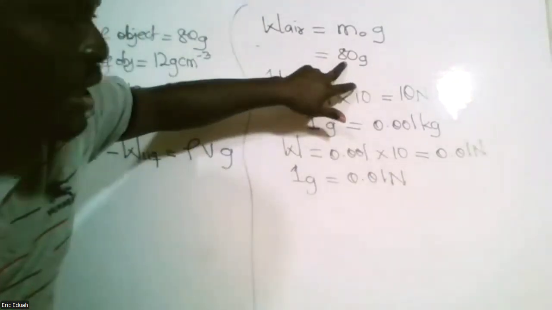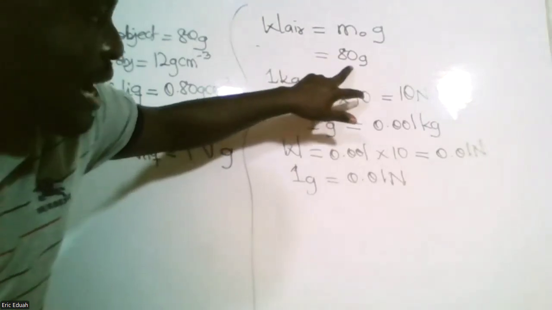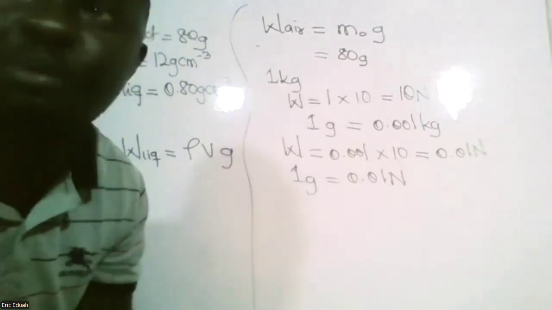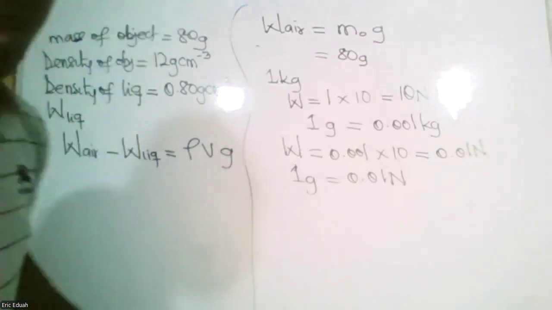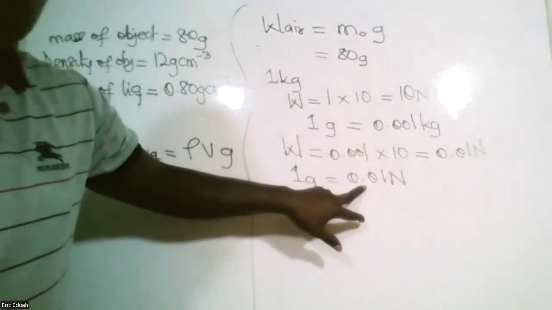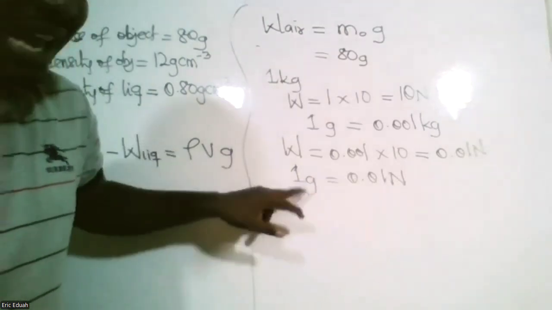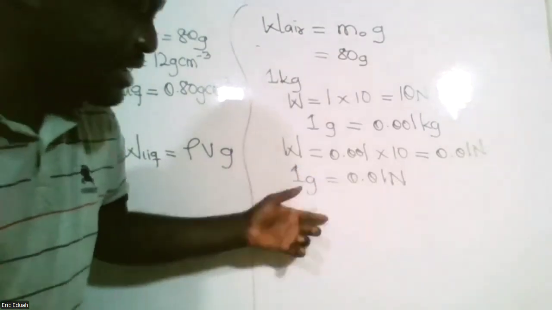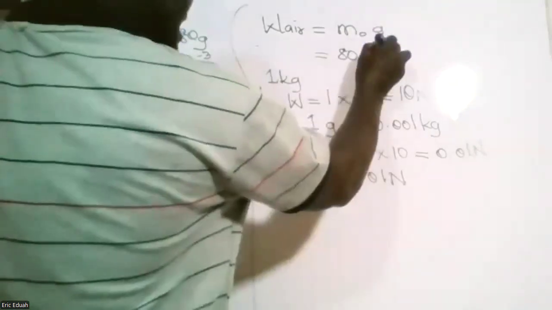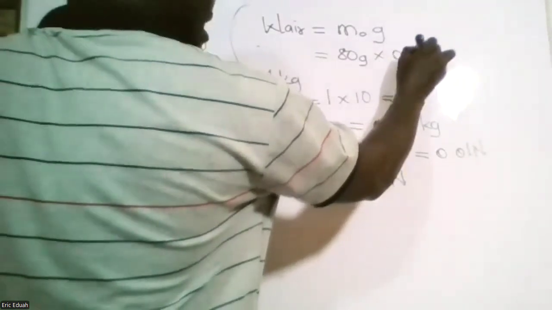So if you give me mass in gram, I don't need to convert it to kilogram before multiplying by gravity. Because I know 1 gram would weigh 0.01, if you give me x grams, this will be x times 0.01 Newton.